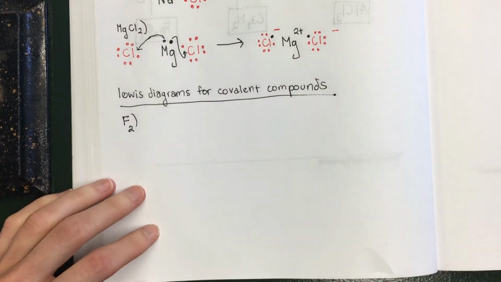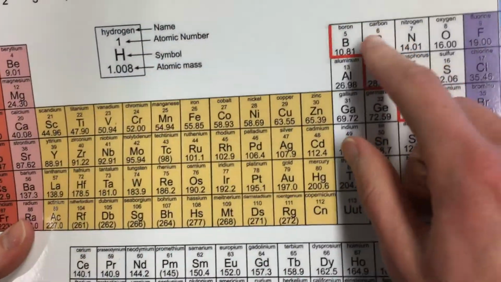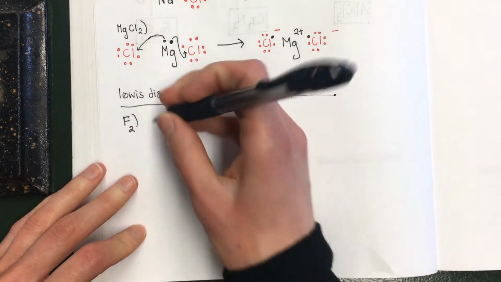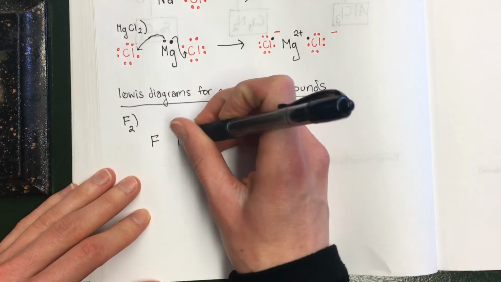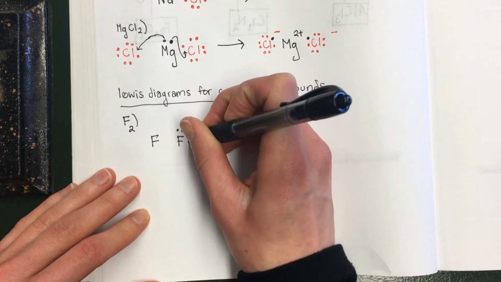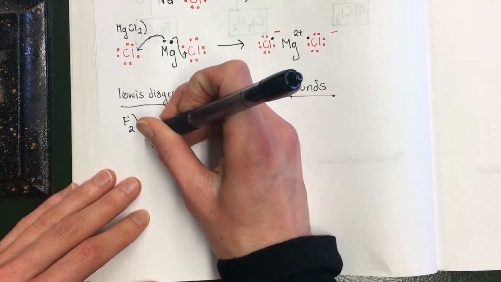So let's look at fluorine. Let's look at how many valence electrons it has. And it's got 1, 2, 3, 4, 5, 6, 7. So we're going to draw 2 fluorines, each with 7 valence electrons.